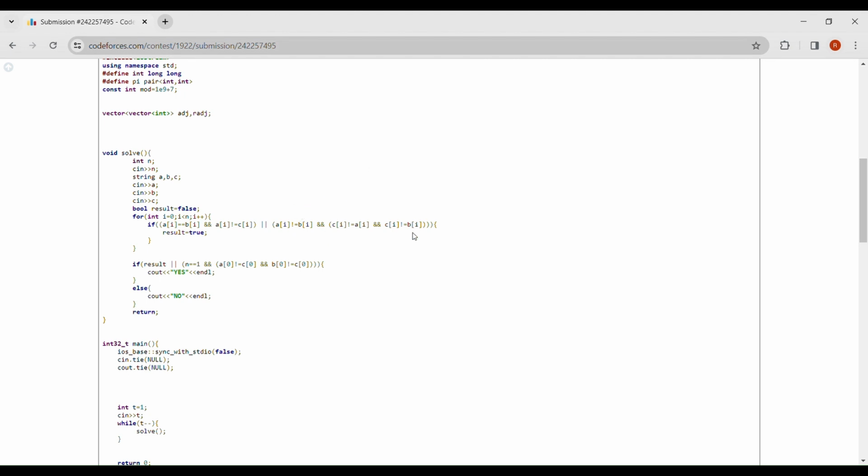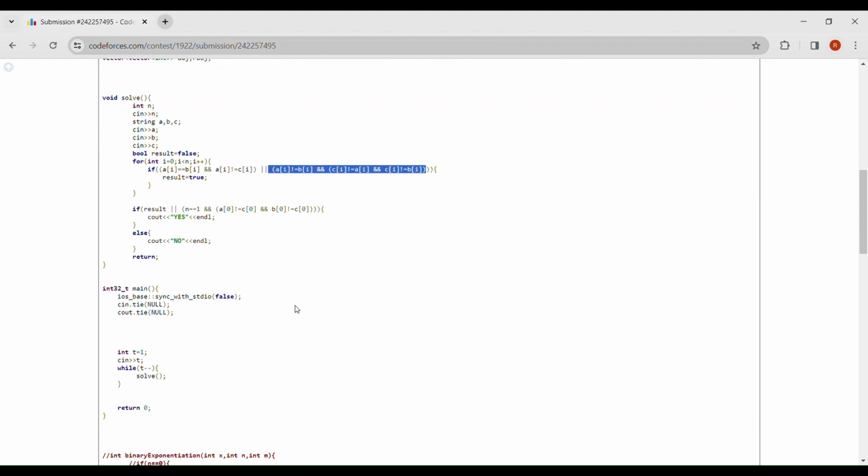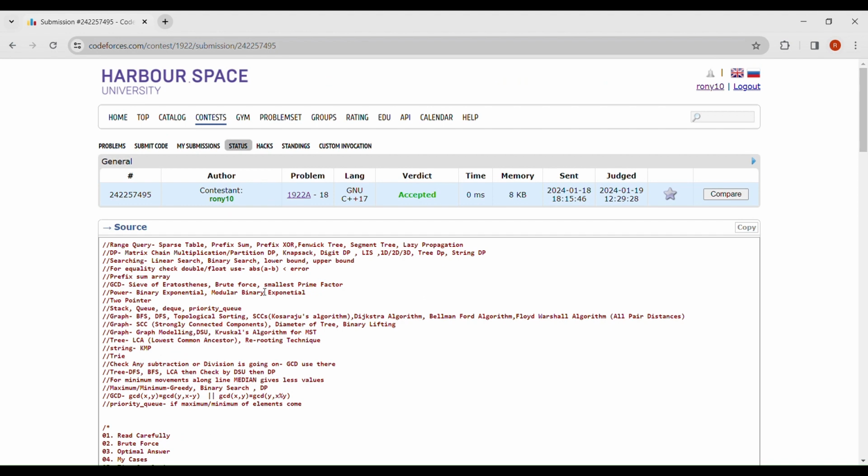In this condition, the second condition will not be fulfilled and the answer will be true. We don't require this other part because it gets included in this one. Earlier I missed this one part, so my 4 attempts were wrong. If the result is true, the answer is yes, otherwise the answer is no.